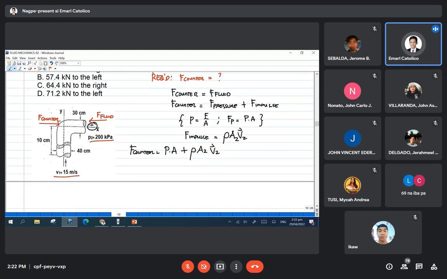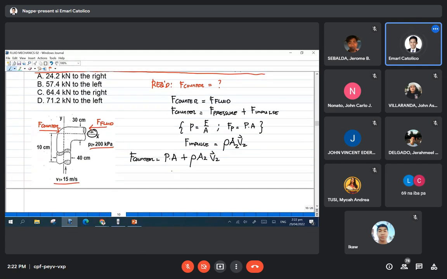So, kaya na bang isolve? Check natin. So, pressure na i-consider mo is yung pressure mo rin sa exit, kasi nandyan yung lalabas yung fluid. So, P2 times area 2. Okay.